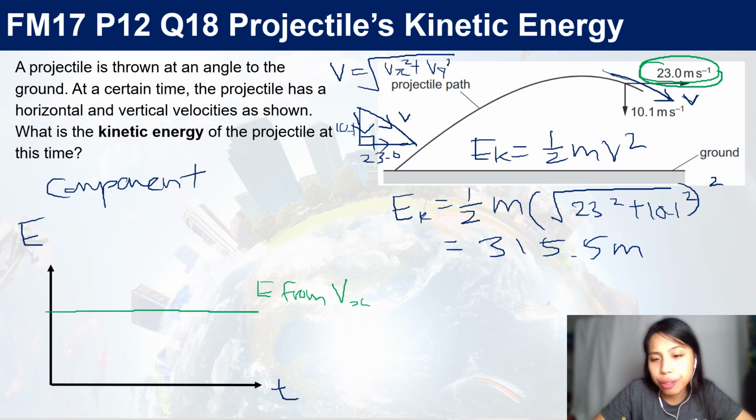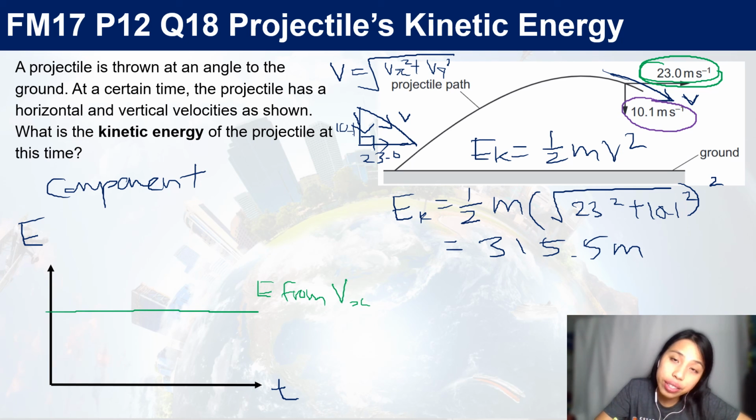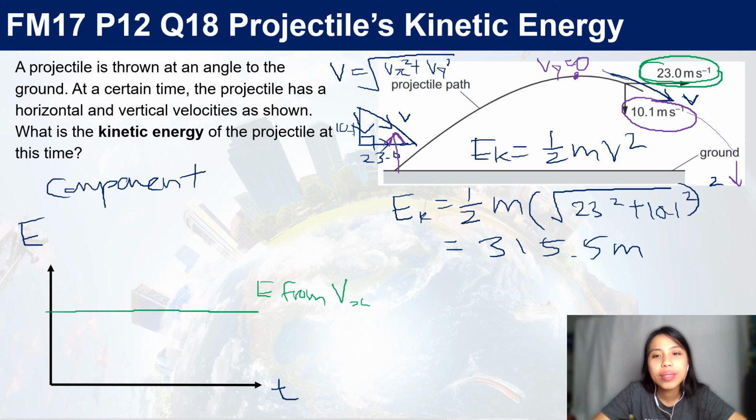How about the vertical? So the vertical is this 10.1. Does it change throughout the whole thing? Well, yes, it does, definitely. You start off with some velocity on the left, you end up with some velocity on the right, and you'll be 0 on top. So you will have some kinetic energy in the beginning. I don't know what that is. I'm just going to throw some values in. So let's say I start from there. It could be above or below depending on the question.